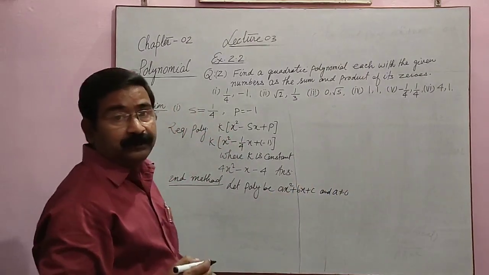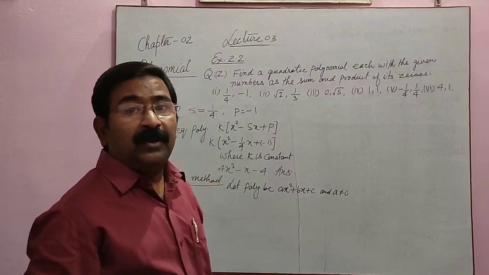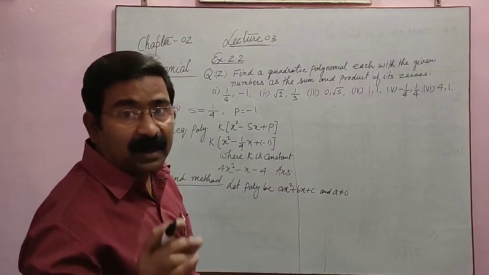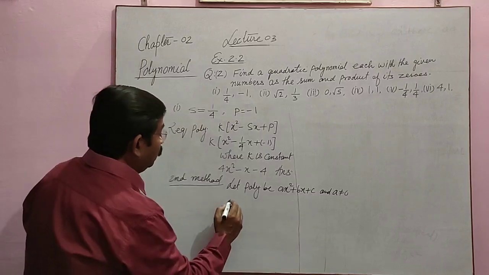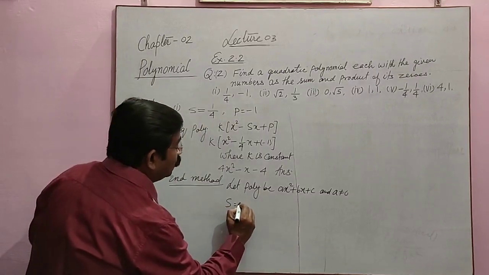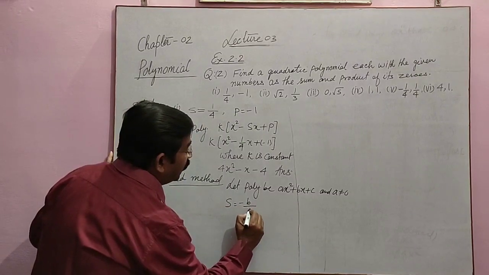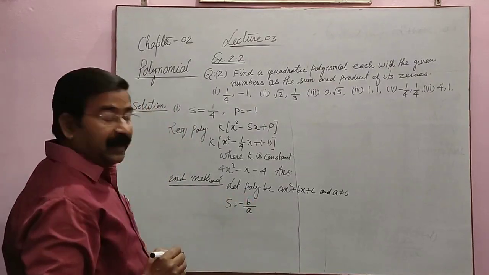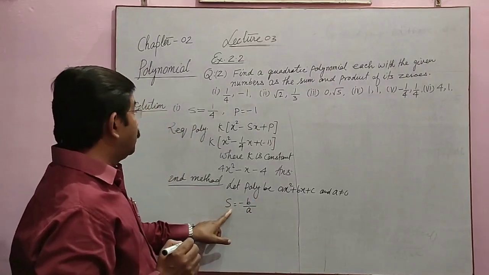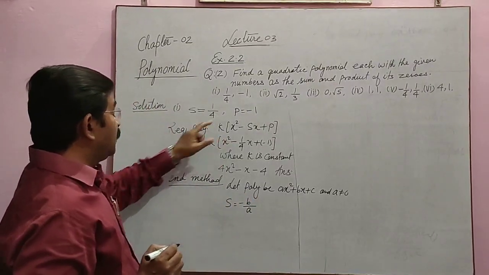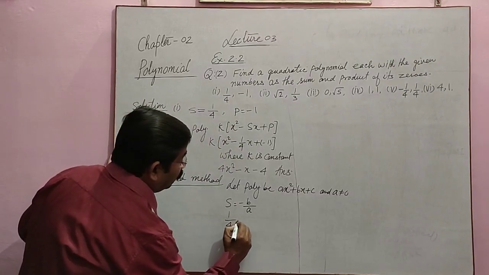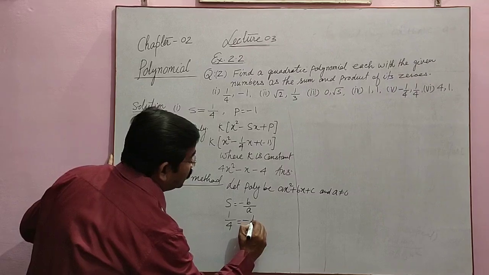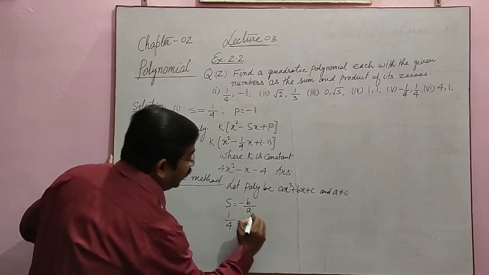General polynomial. Now you have been taught about the sum and the product of zeros. So what is sum? S is equal to minus b upon a, and S stands for sum of zeros, and sum of zeros is given 1 upon 4. This is 1 upon 4 is equal to minus b upon a.